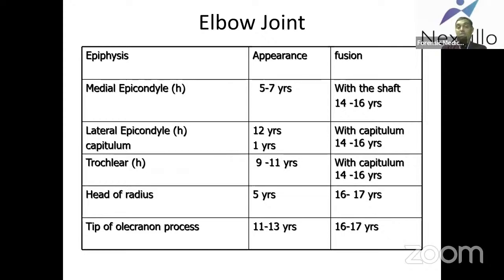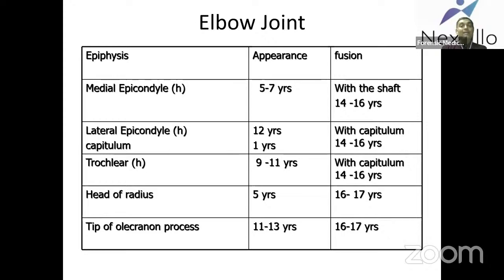Trochlea of the humerus appears around 9 to 11 years, fused at around 14 to 16 years. The head of the radius appears around 5 years and fuses at 16 to 17 years. The tip of the olecranon process appears at 11 to 13 years and fuses at 16 to 17 years.